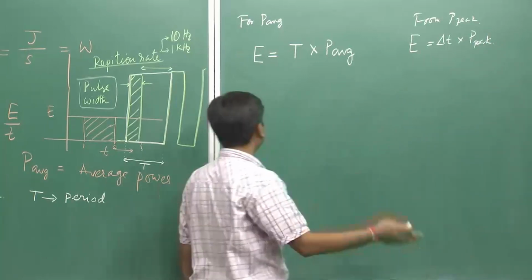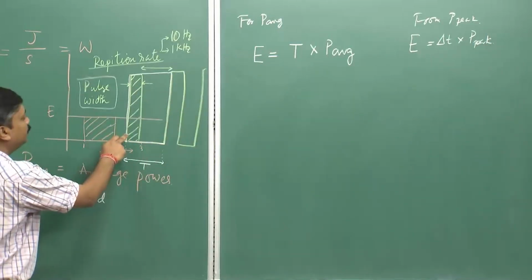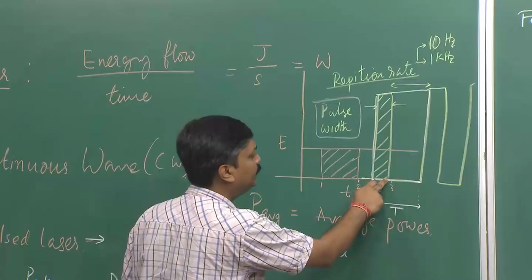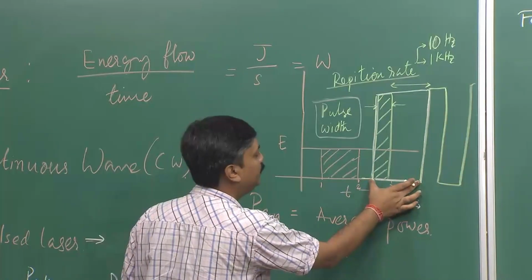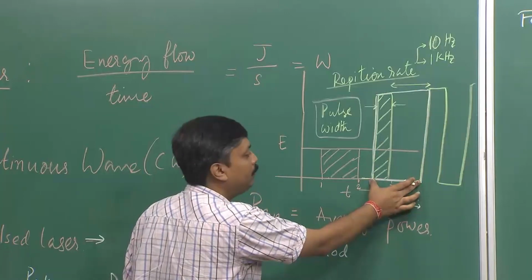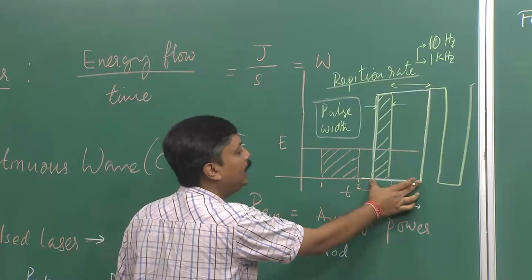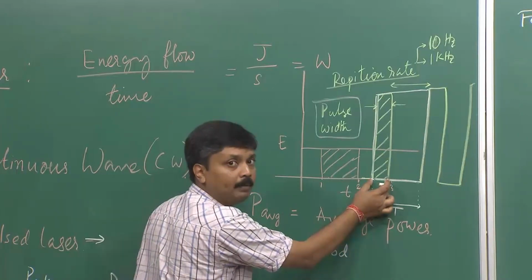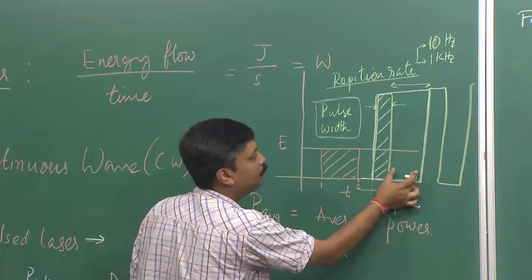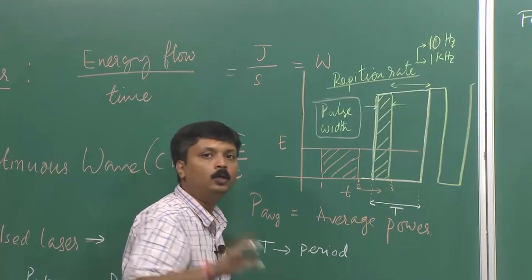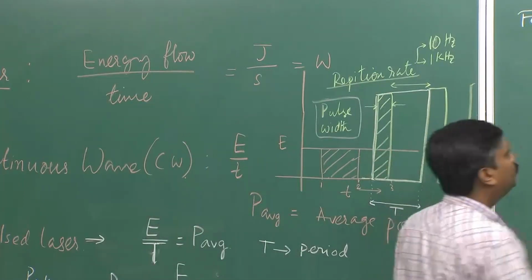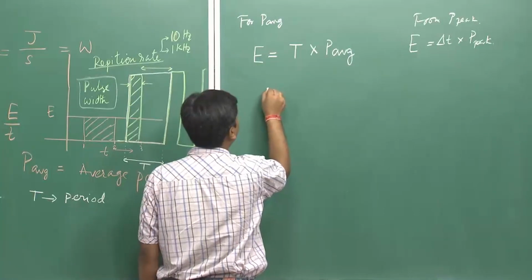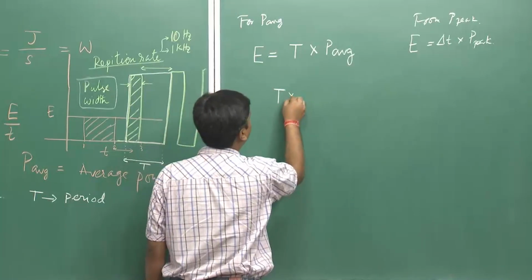Now, as I said a couple of minutes back, for a pulse laser, if I measure the energy over a period of time T, that will be exactly equal to the energy if I measure it over this delta T time period, because for the rest of the time there is no light. So, then I can equate these two E's.